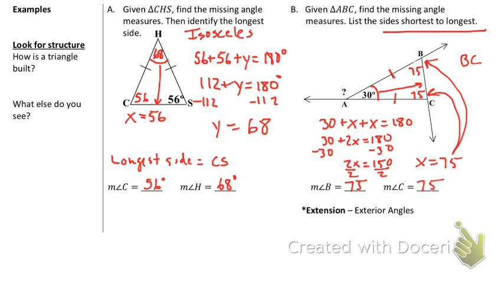And then the next longest side will be CA or BA because they're equal. So you could put them in either order. So I'll do AB as my next longest side, and then my last and longest side will be AC.